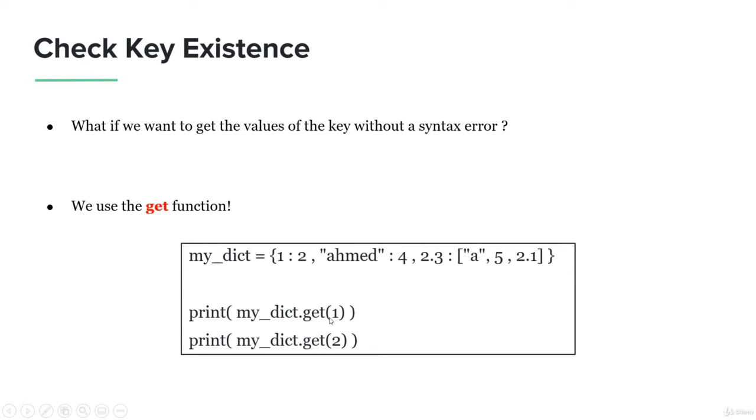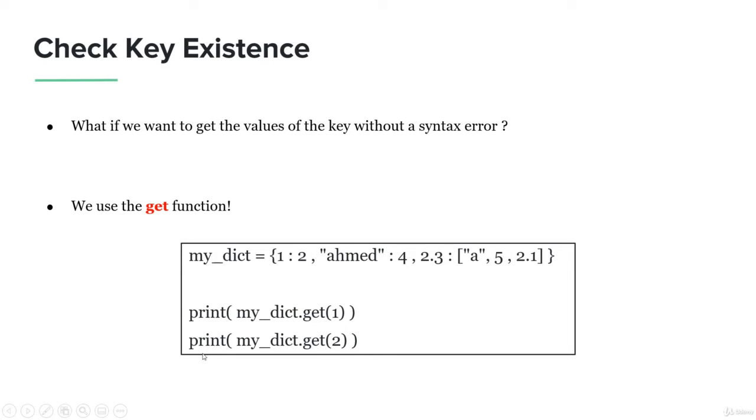And we have a function called get, and we call the function using the circular brackets just like this. Here, the input for this function is the key that we want to search for its elements, okay? So if we use print mydict.get(1), it will return 2, right? Because we have a key called 1, and the value for this key is 2.